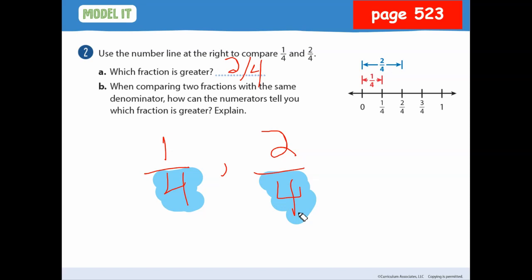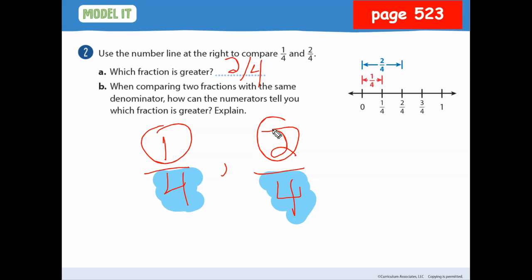How would I know which one's greater? Well, I need to figure out which of those numerators is greater than the other, right? Because my denominators are the same. I just have to look at my numerators and see which number is the biggest. What was that? Yeah, 2/4.